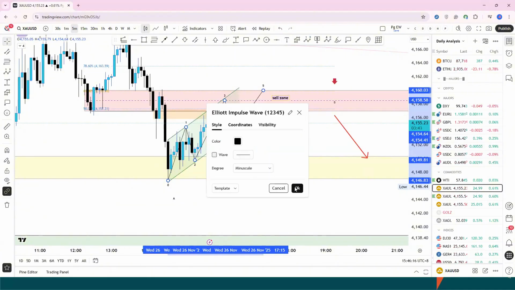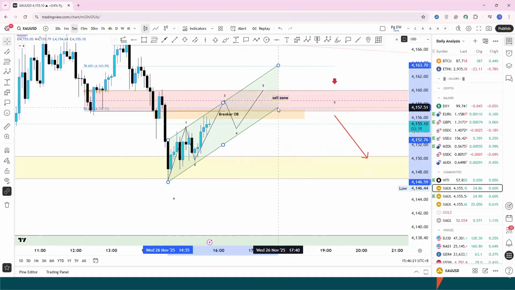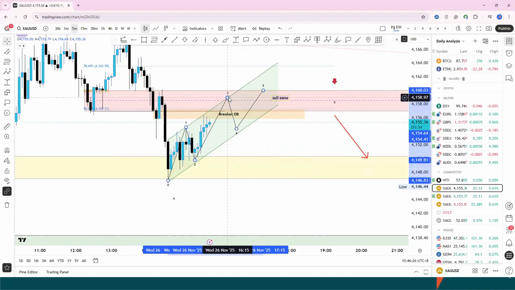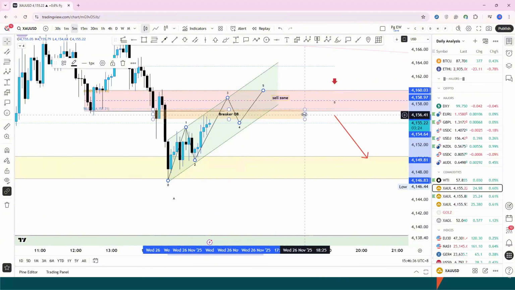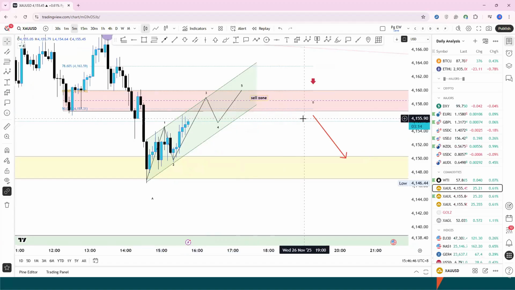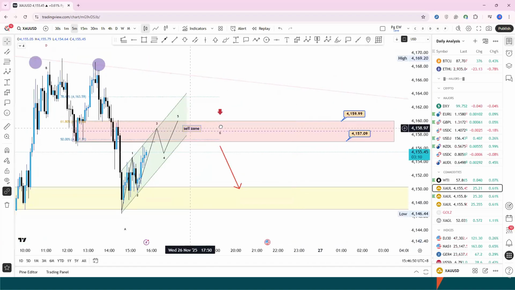You're gonna see the pullback. Or I could be wrong. Okay, so this is the zone that we want to sell, right? Within the zones. The zone here.